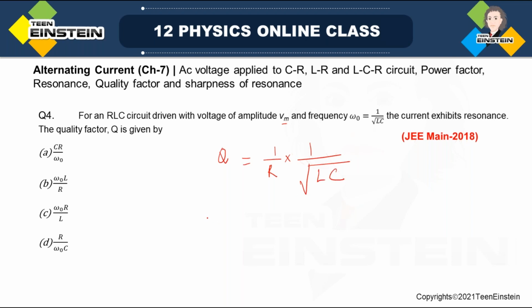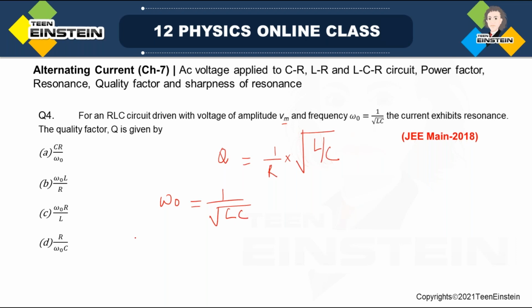I'm sorry, this is not the definition, this is root over L by C. This into root over L by C is the definition of quality factor. Now we know resonance frequency is given by 1 by root over LC.